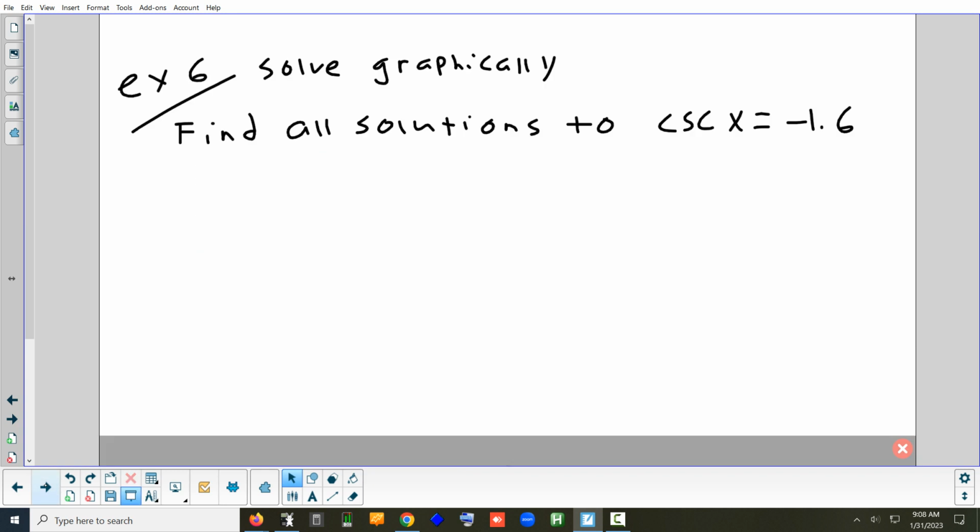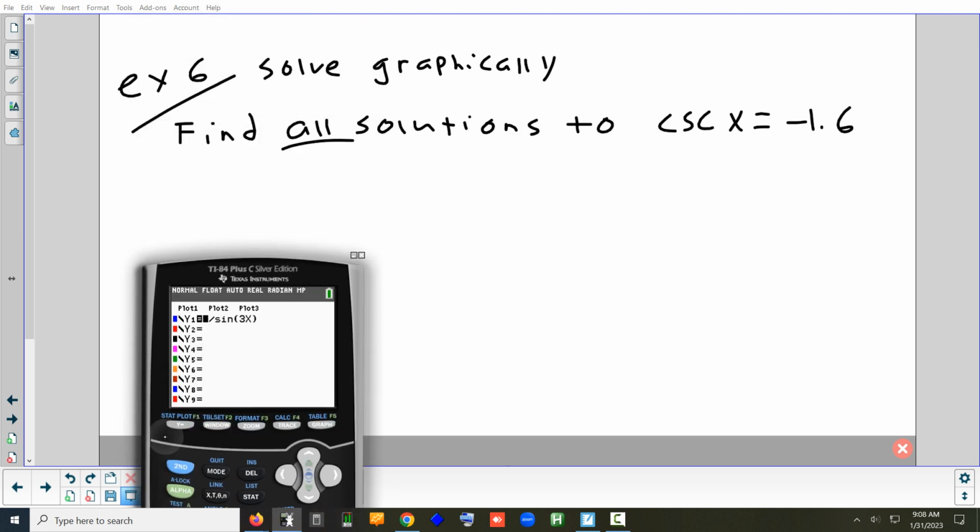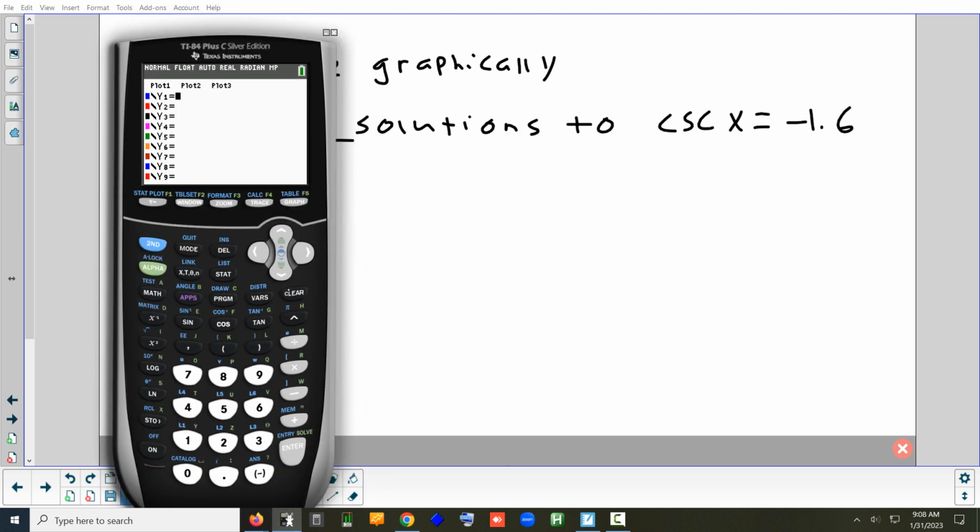Okay, so find all solutions to cosecant x equals negative 1.6. All right, so let's put cosecant in on y1, and then we'll put negative 1.6 on y2. Cosecant, I don't have a button for that one. Okay, how do we put in cosecant?